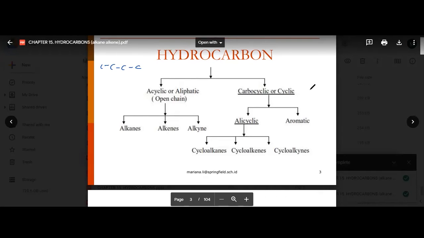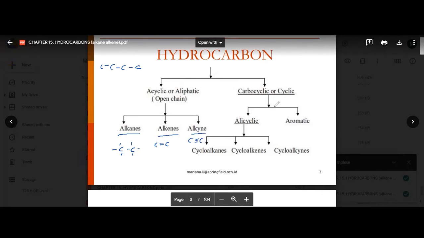While if the carbon is connected one another and makes a cyclic form, it is called carbocyclic. For aliphatic, hydrocarbon can be divided into alkanes if all contain single bonds, alkenes if there are double bonds, and alkynes if there is a triple bond.